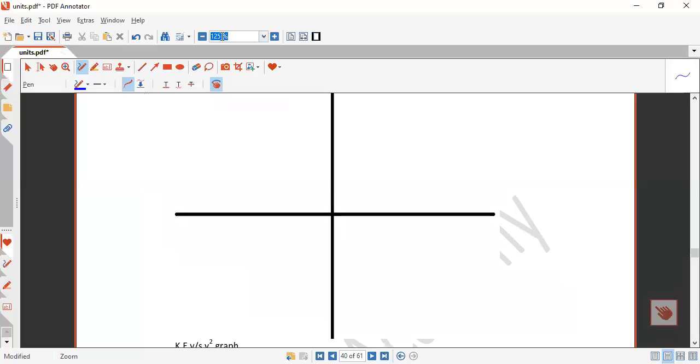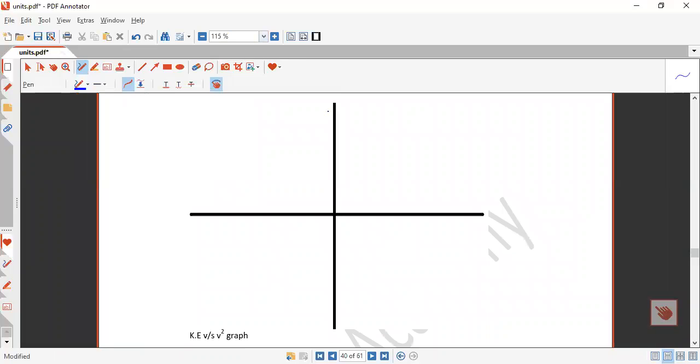Right, so let me make it 115%. Okay, so let's say we have kinetic energy on the y-axis and v square on the x-axis. V square, right?